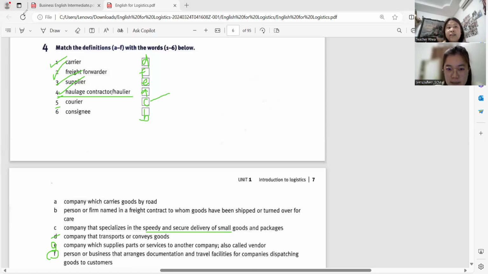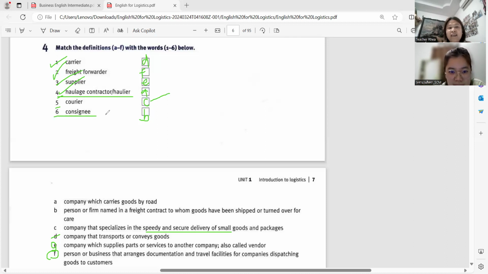Yes, because they have international service. But for domestic I use Kerry and Thailand Post. For domestic, yes, you use Thailand Post, EMS, right? And Kerry. Yes.